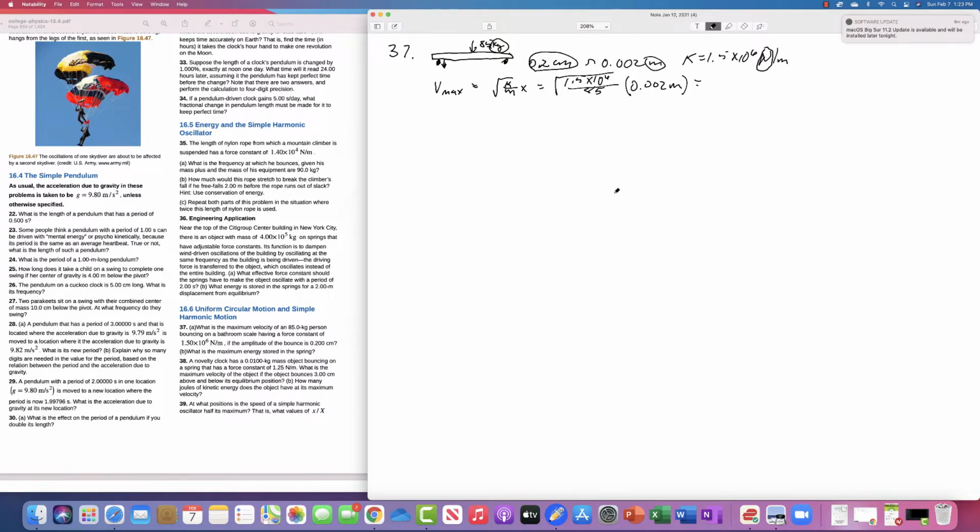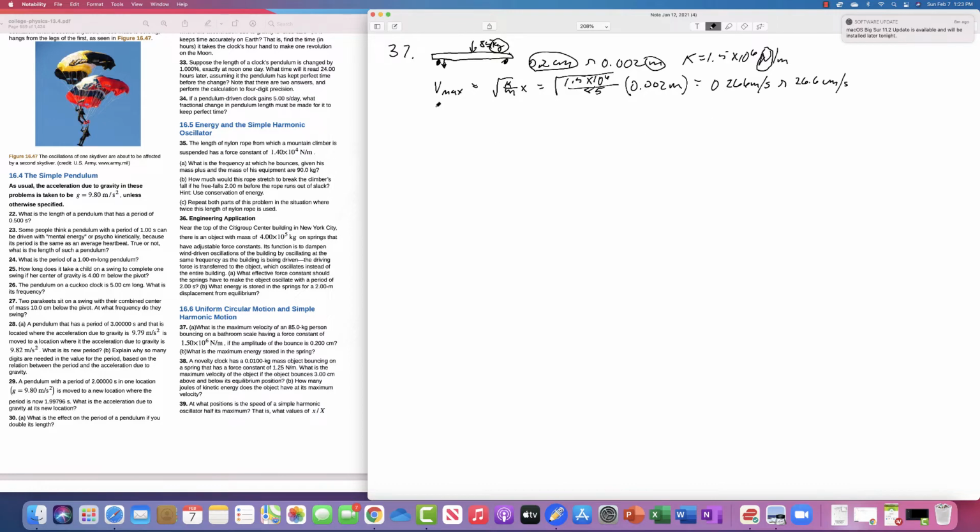Multiply it out, and it comes out in meters per second. And so if you do the math here, you get 0.266 meters per second, or 26.6 centimeters per second as the maximum velocity that this thing will travel.